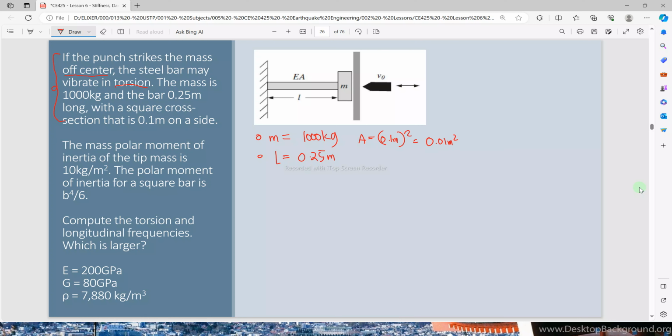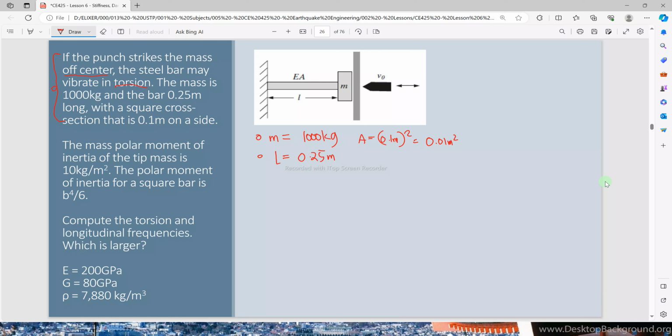And then the mass polar moment of inertia of the tip mass is 10 kilograms per square meter. And the polar moment of inertia for a square bar is b to the fourth over 6. Here we use the polar moment of inertia because torsion is involved.